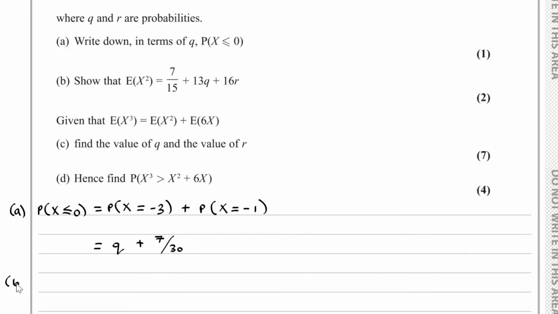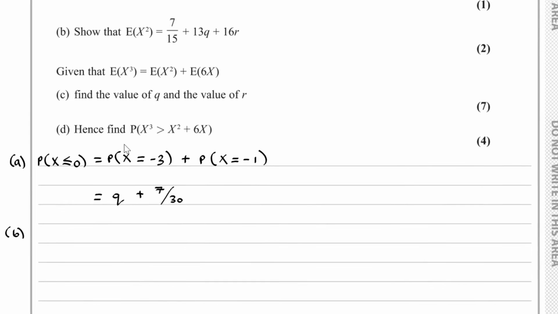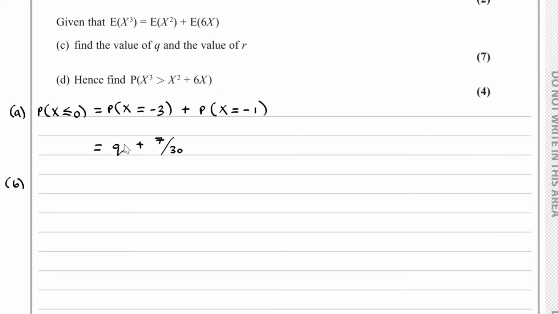Part B, we have to show that the expected value of x squared is equal to 7 over 15 plus 13q plus 16r. Well, for this, we'd have to construct a new table. So we've got x squared, and the probability that x is equal to x.